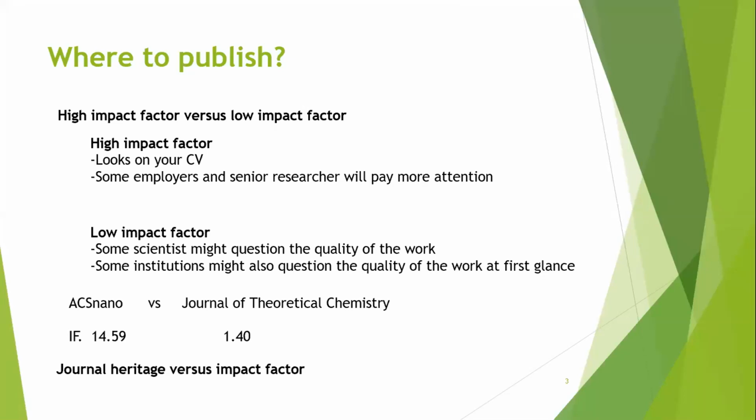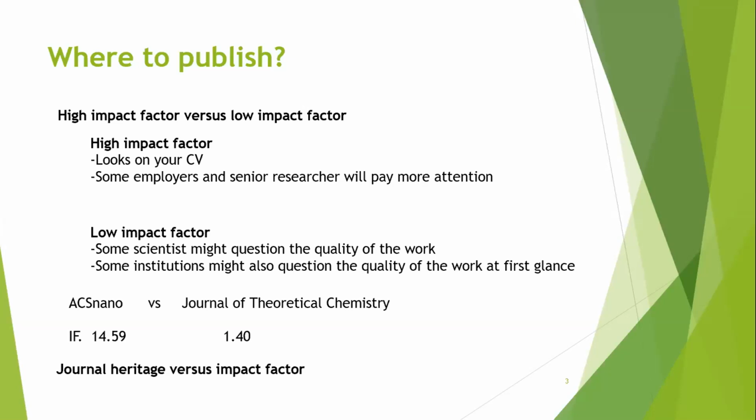Okay. For example, look at a journal like ACS Nano, 14.59 I checked today, versus the Journal of Theoretical Chemistry. I keep talking about chemistry because I'm a chemist. Getting into ACS Nano versus getting a paper into the Journal of Theoretical Chemistry.